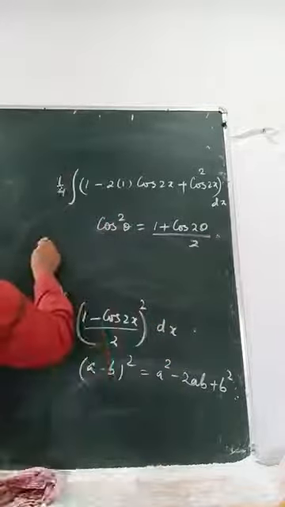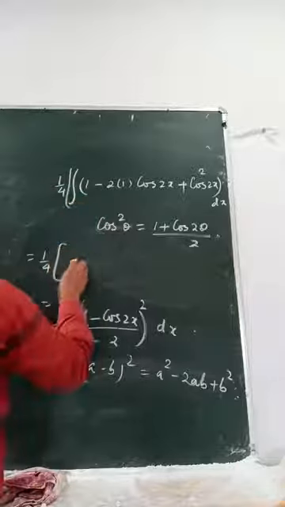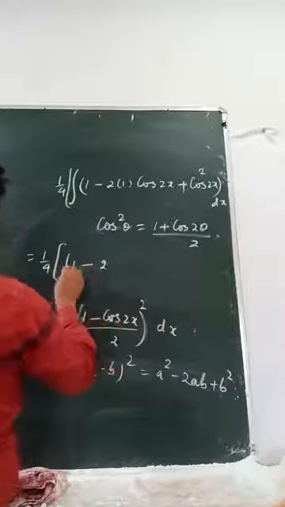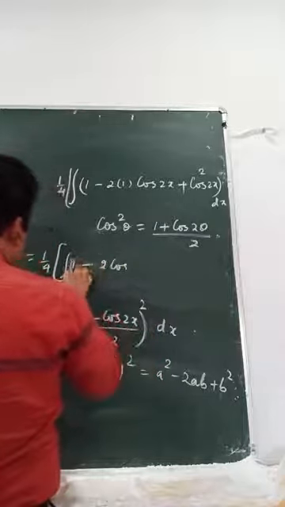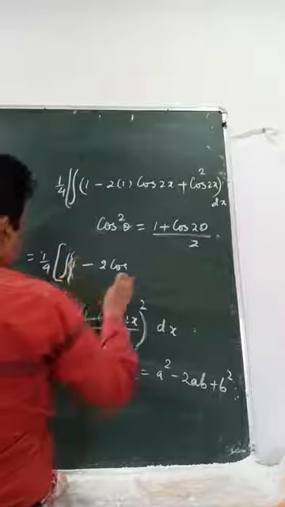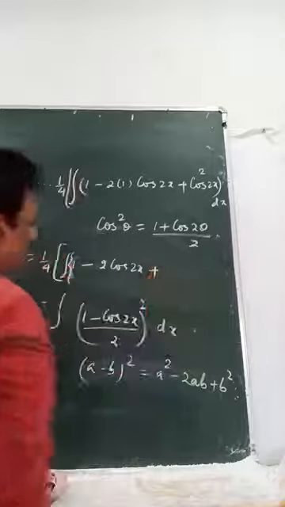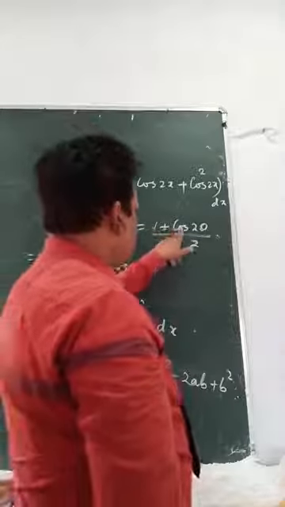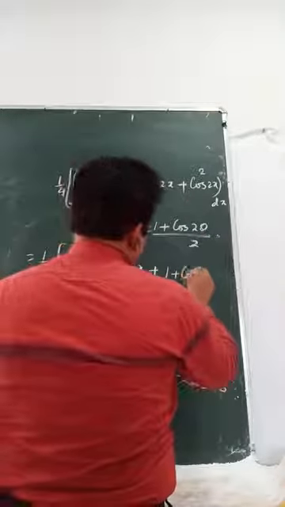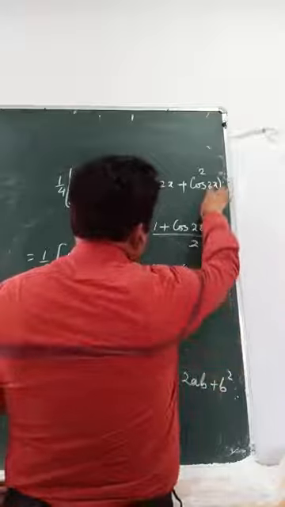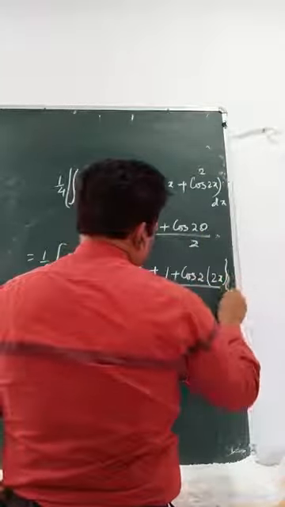So you are going to use cos square theta is 1 plus cos 2 theta by 2. That means I can write 1 by 4, 1 minus 2 cos 2x plus 1 plus cos 2 theta by 2. 1 plus cos 2 theta means 2x divided by 2 dx.